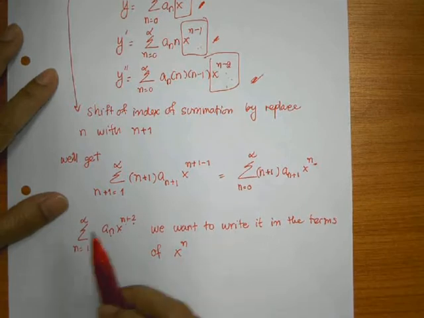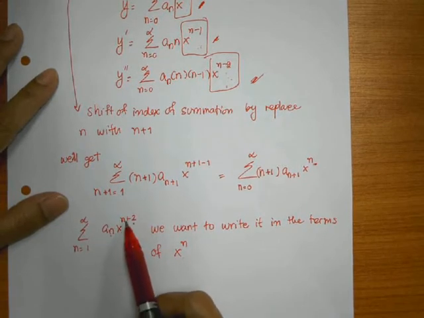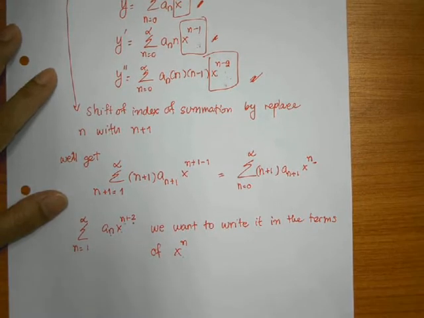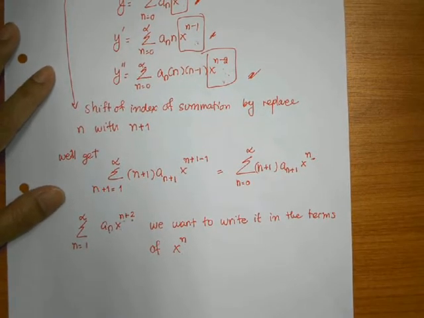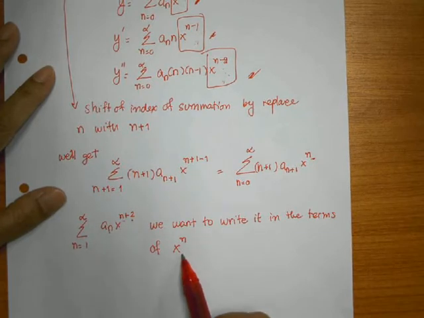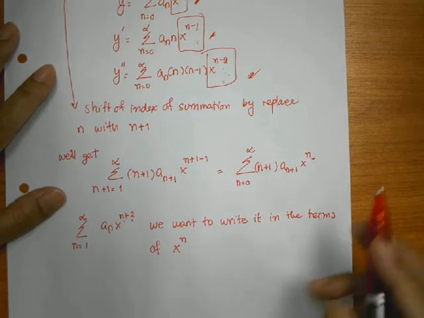In that case, we have to replace this n with what? n minus 2, right? If we put n equal to n minus 2, we would get x to the power n. Okay.